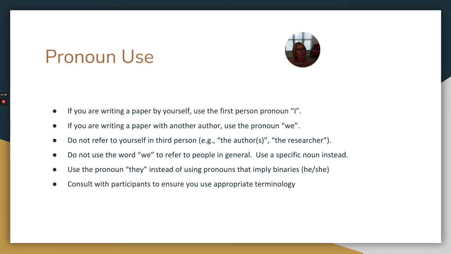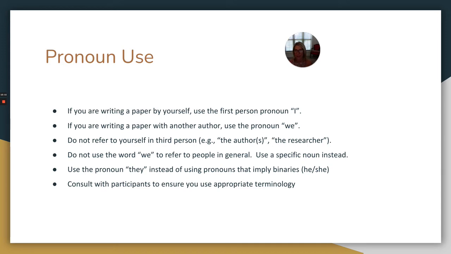So previously you might have seen work where authors used like he and she, a binary term. Now it is appropriate to use the word they in place of he and she, so that you're not using that binary type of pronoun.